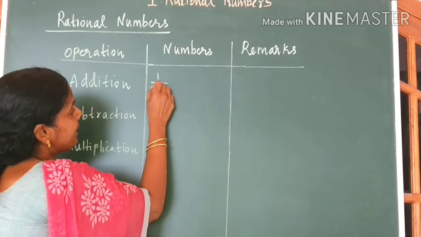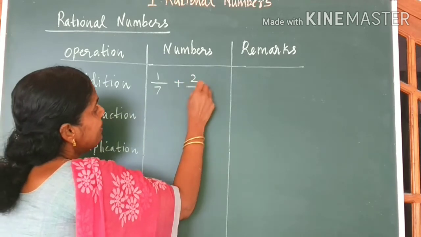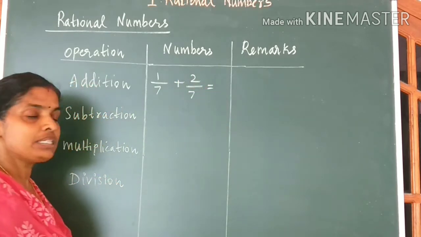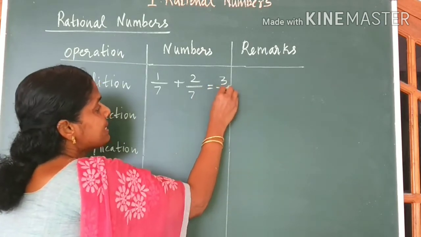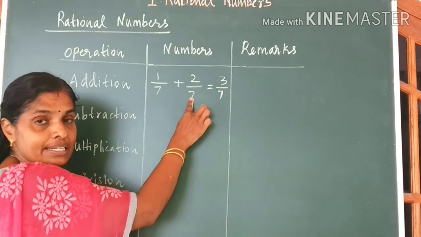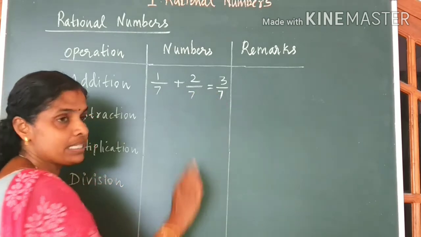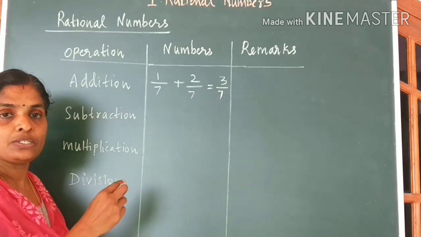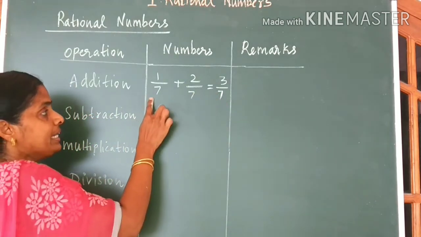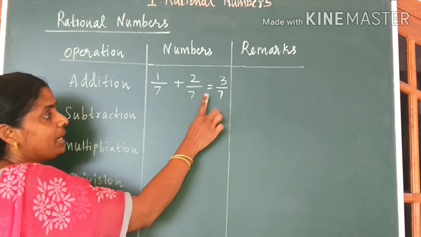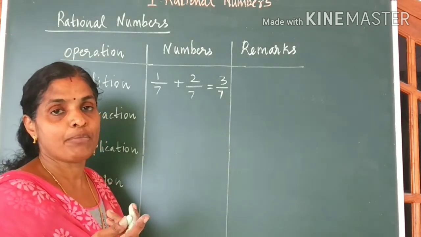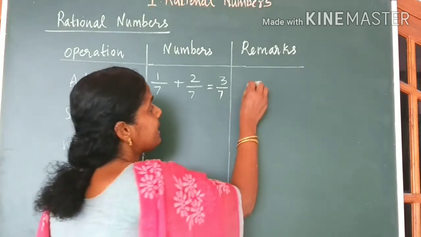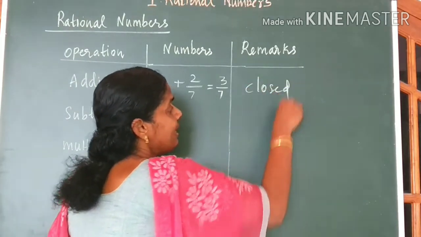I am going to take 1 by 7 and 2 by 7. 1 by 7 plus 2 by 7. What is the answer? You get 3 by 7. Since the denominators are the same, you write the same denominator. 1 plus 2 gives you 3. For any two rational numbers A and B, A plus B is also a rational number. So you can say they are closed under addition.